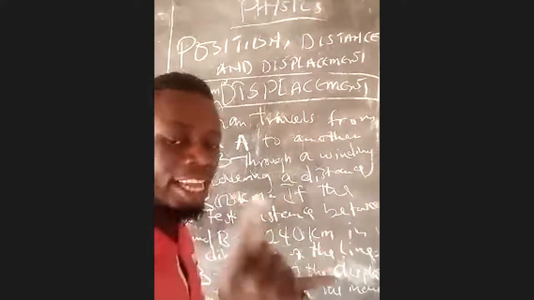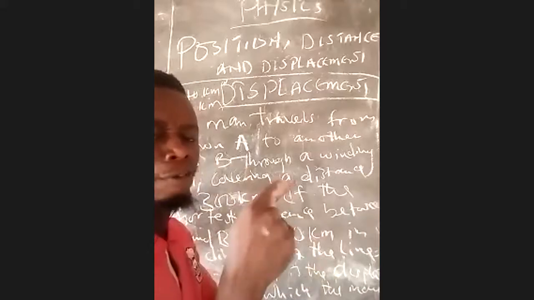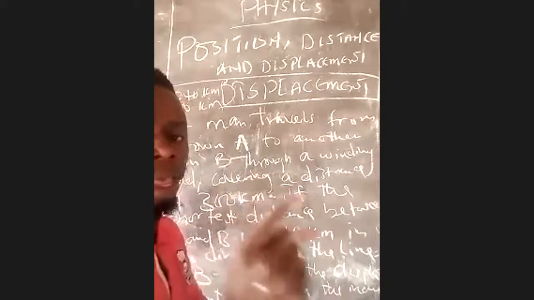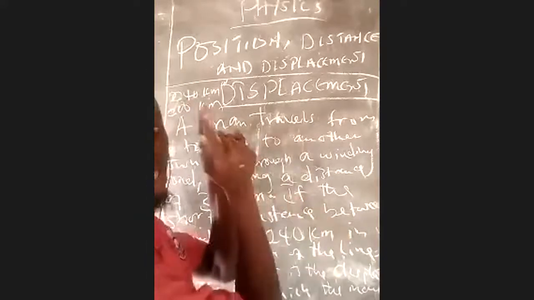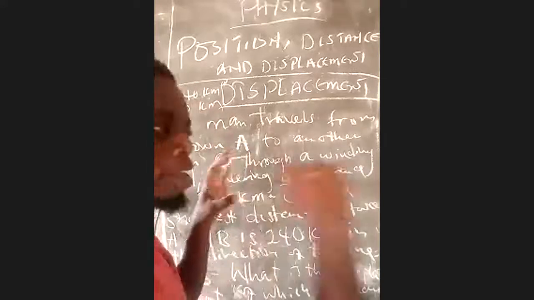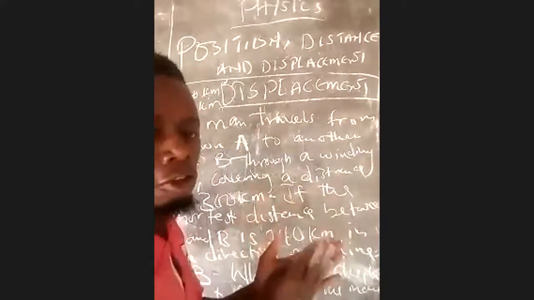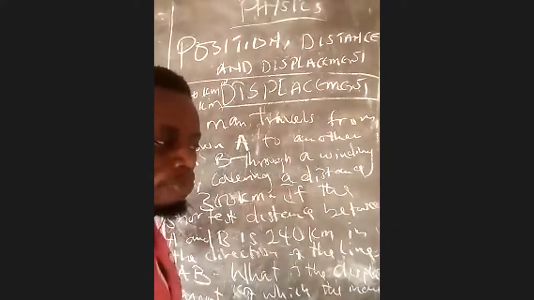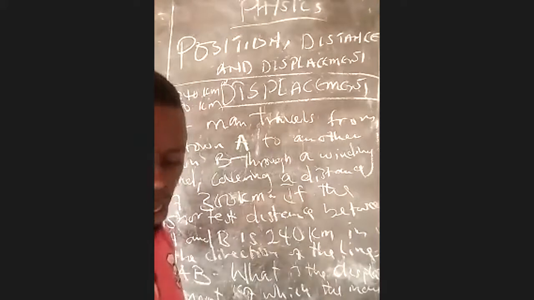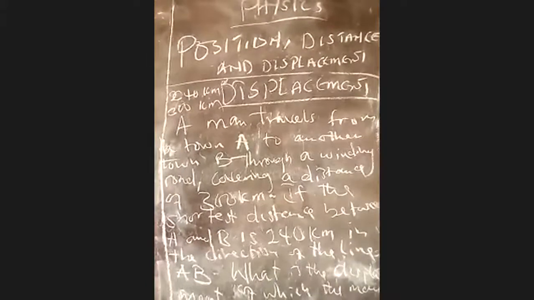The whole distance that the man travels is distance, while the distance the man travels in a specified direction is displacement. And a point in space, at a distance and direction from another point, is position.